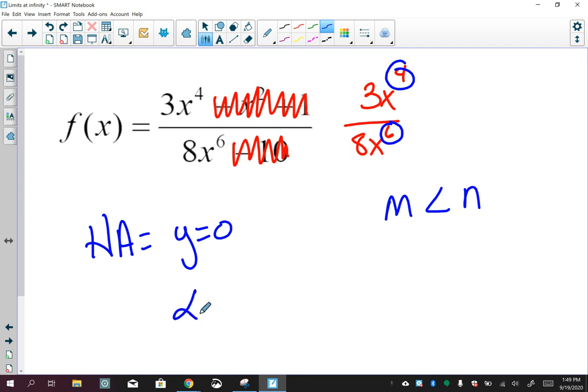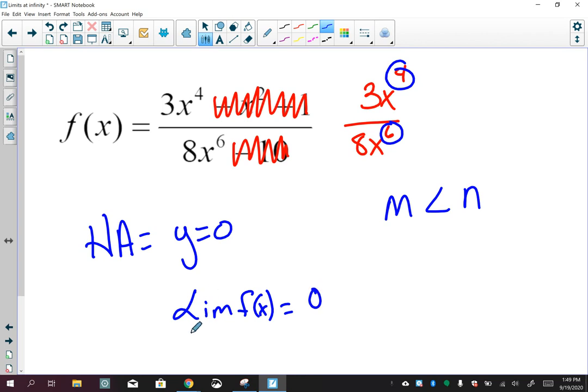So the limit for f of x is going to be 0.